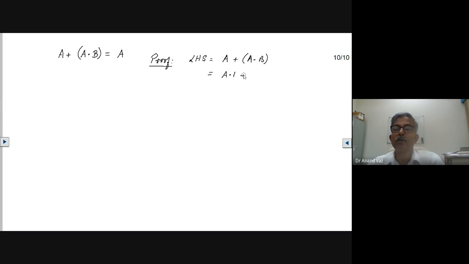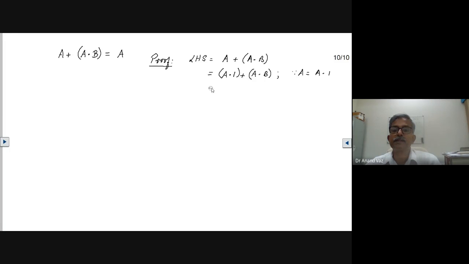And or (A and B). So here you have to give a reason for this and say that A equals A and 1, since A is equal to A and 1.